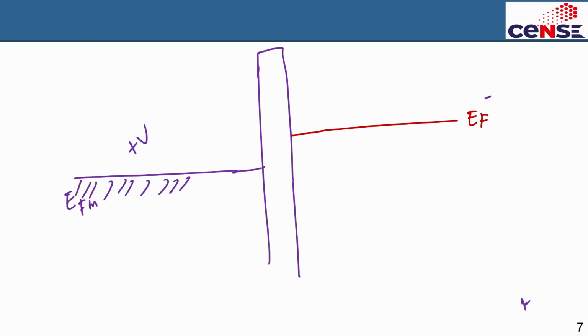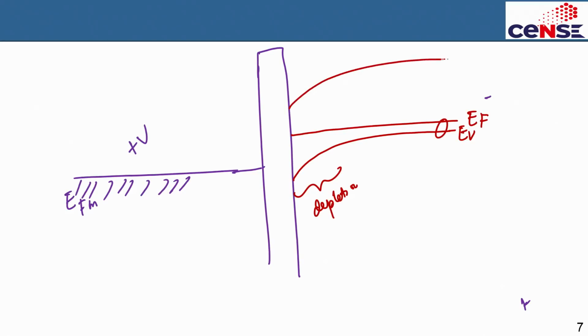The valence band will shift like this, but far away from the junction, the valence band and Fermi level difference will remain constant. Here the depletion region has formed because the bands are bending. This is the conduction band, and the intrinsic level will probably move like this.